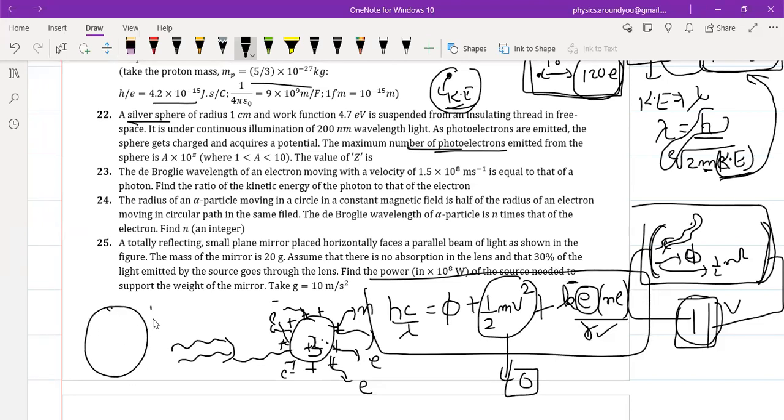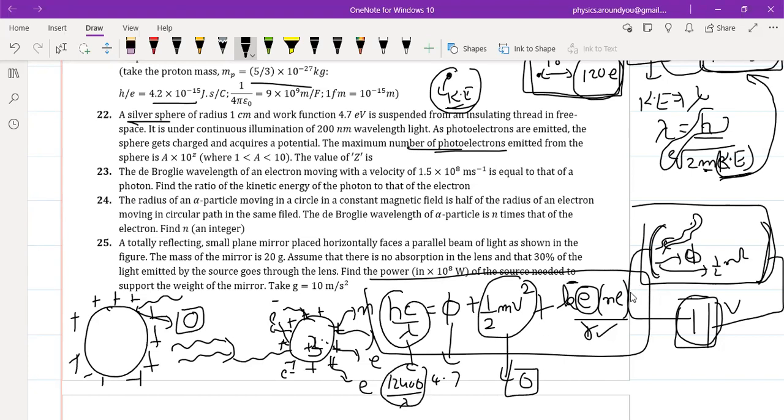The sphere has got so much positive charge that the incident light cannot overcome the potential energy, so the kinetic energy of the emitted electron just drops to zero. Once I equate this term to zero, phi is given as around 4.7 eV. Express this in terms of 12,400 by lambda in eV. The only unknown in this equation would be n. Find the value of n.